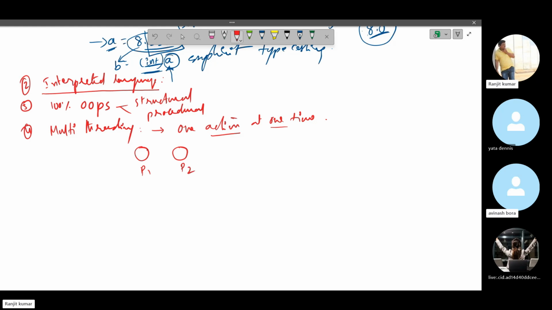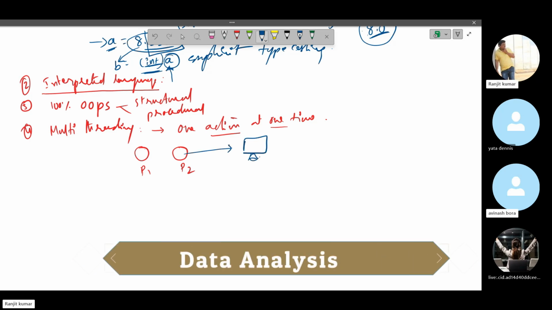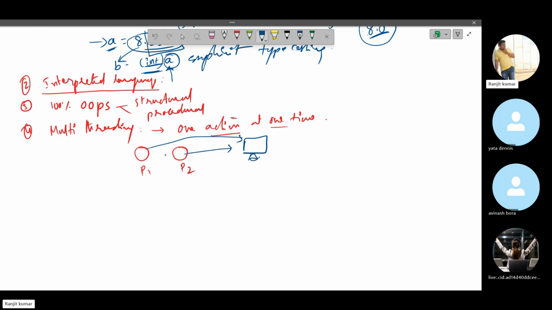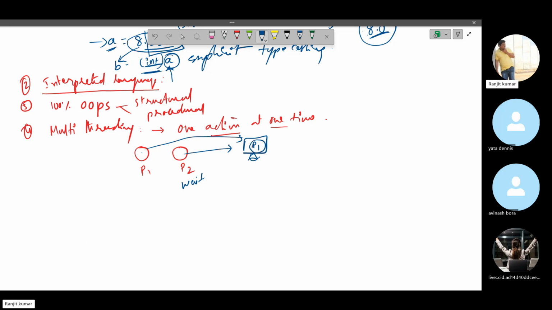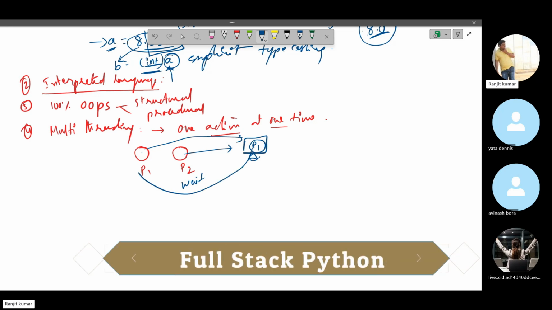If I send these two processes to my computer to run, the computer only takes one process at a time. It will take P1 first. P2 has to wait until P1 finishes its work. When P1 is finished, the computer sends P1 back and takes P2.